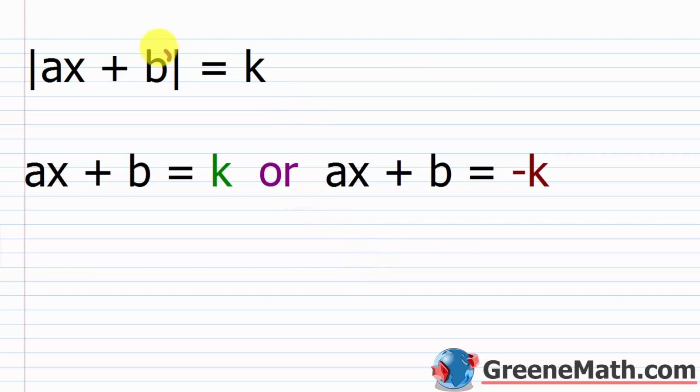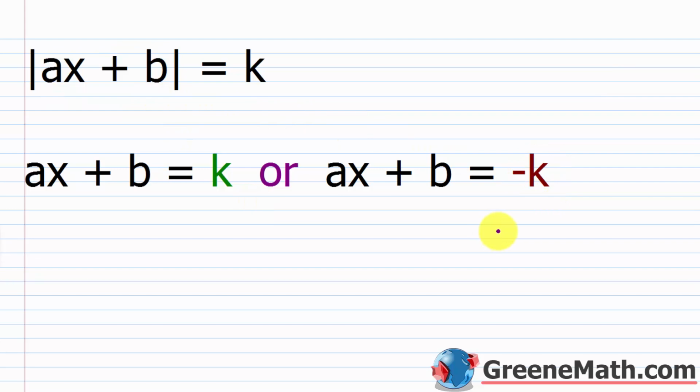We can say that ax plus b could be equal to k, or ax plus b could be equal to the negative of k. It's hard to understand this when you look at it in this generic formula, but I want you to jot this down in your notes anyway.